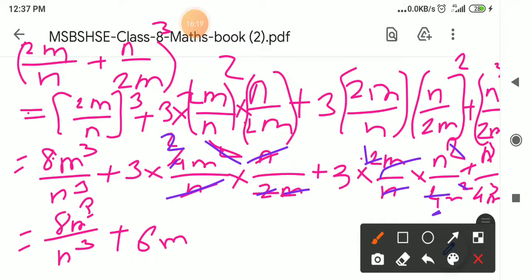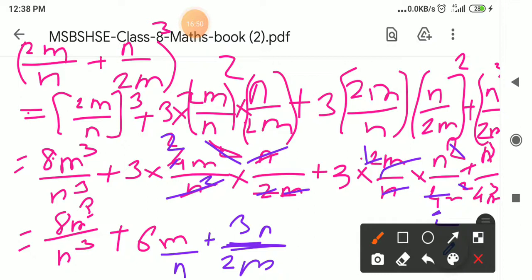Then next step of it is that here n square is there. So here n squares, 1 n is cancelled and here remains 1 n, m upon n. And then this side also same, plus 3, and here remains 3, here 2 is there, 3n upon 2m.